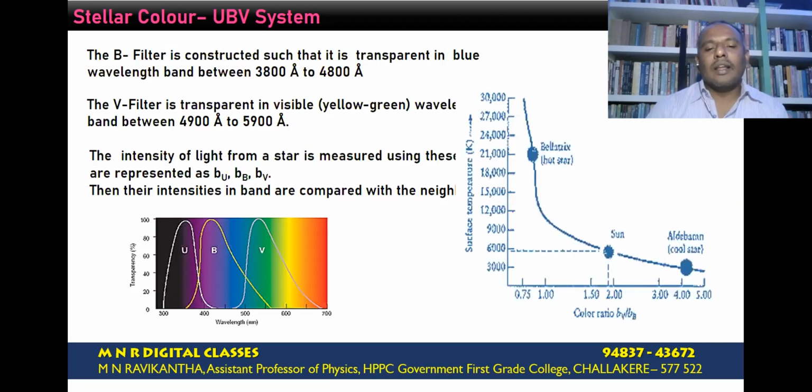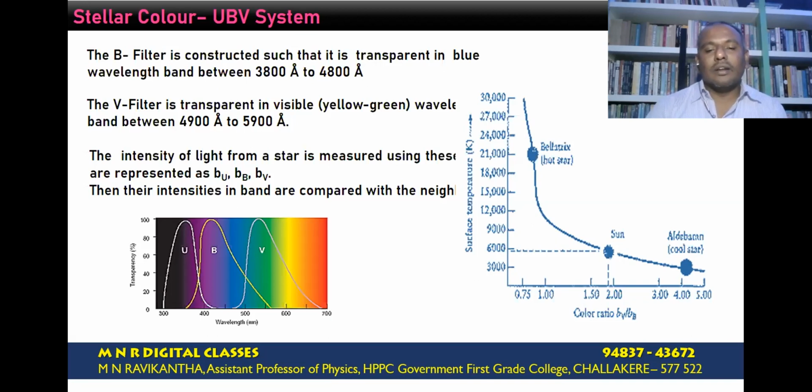Once we know the ratios of colors, a plot can be plotted similar to that of color index. Color ratio is taken along the x-axis and surface temperature is taken along the y-axis. So a calibration curve can be found. For a star like the Sun, the surface temperature is about 6000 Kelvin, strictly speaking 5800 Kelvin, and its color ratio is nearly 2.